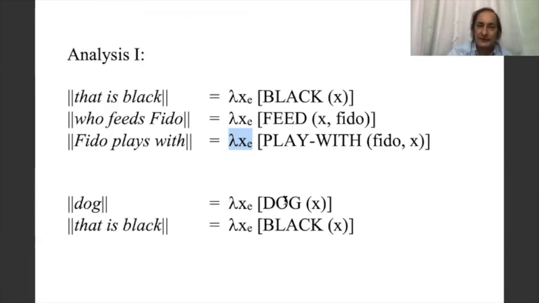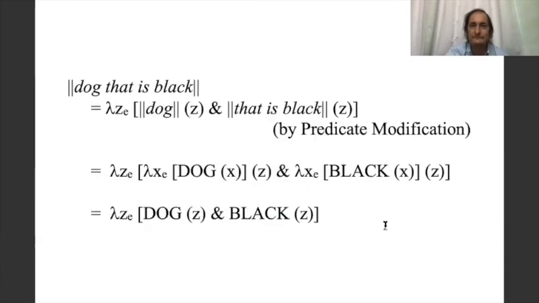So if we try now to look at the expression, "a dog that is black," we have "dog" here, and we have "that is black" here. We put them together with predicate modification, just as before.